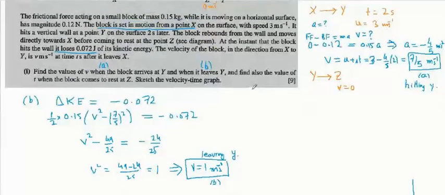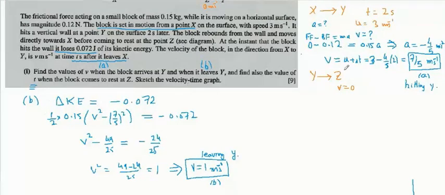Still the question is not complete. Find also the value of t when the block comes to rest at Z. The value of t, what is t actually? T is the time when it leaves point X. See this one.